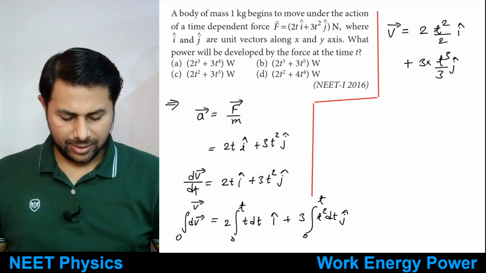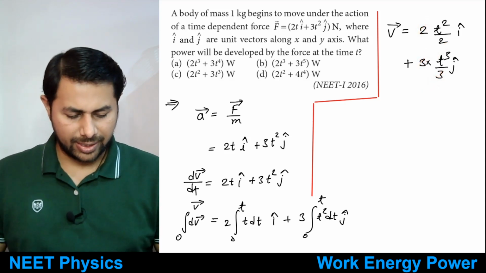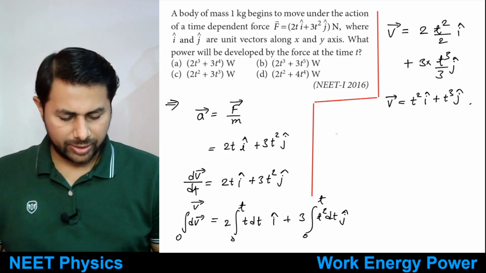So the 3 cancels, and you have t square i cap, so v bar is equal to t square i cap plus t cube j cap.